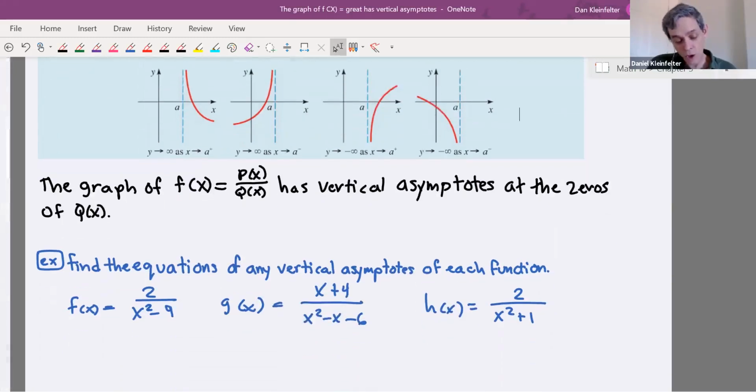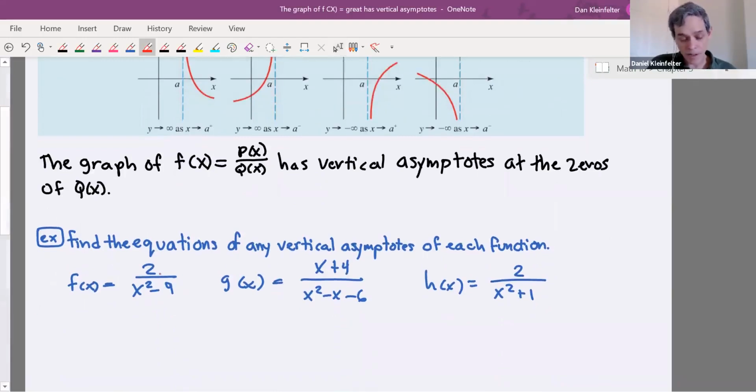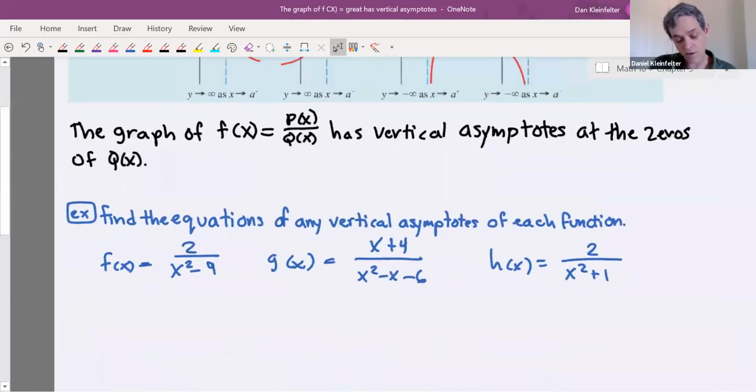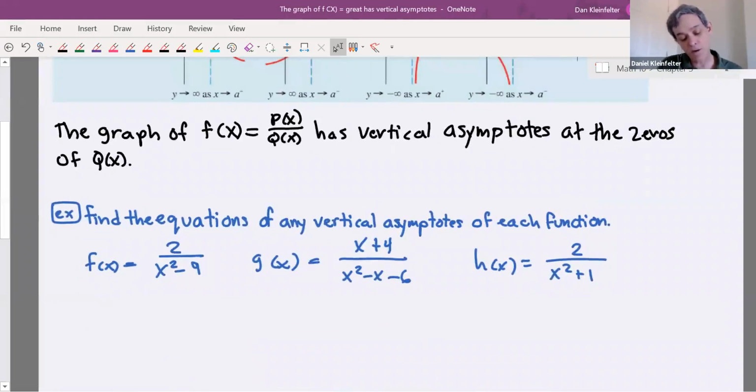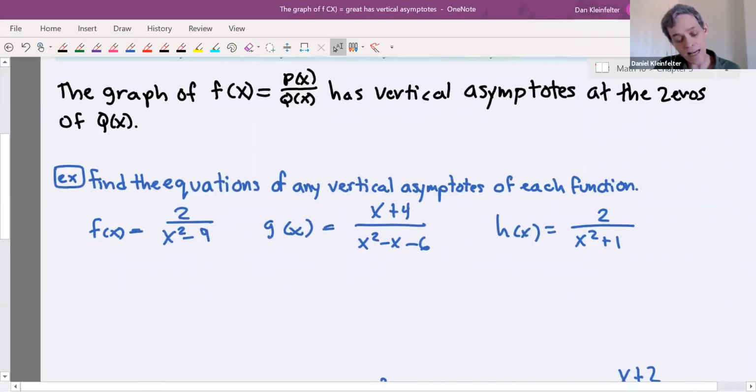Okay, so let's try it. So here, first of all, for our function f of x, which is 2 over x squared minus 9, if you factor that denominator, set it equal to 0, we'll have x plus 3 times x minus 3 equals 0. So the two asymptotes will be at x equals negative 3 and x equals positive 3.